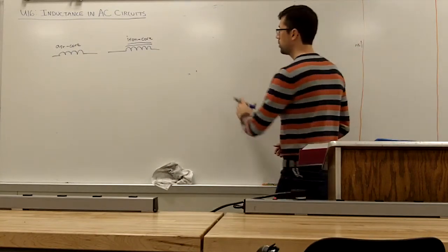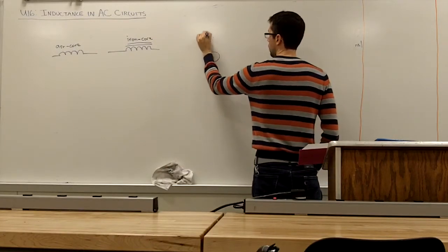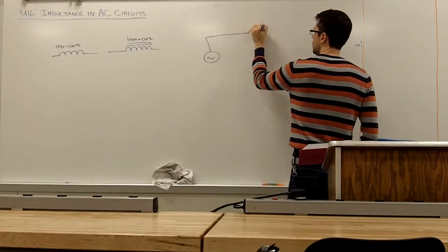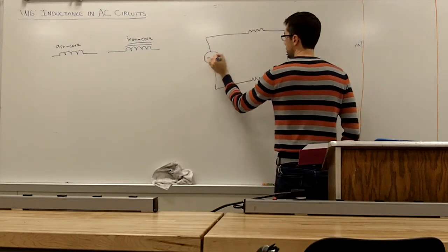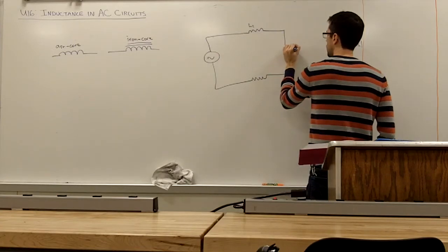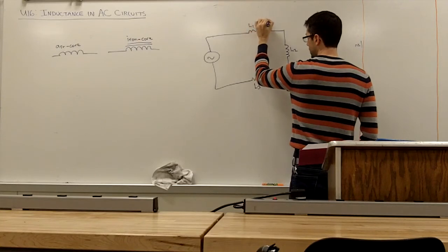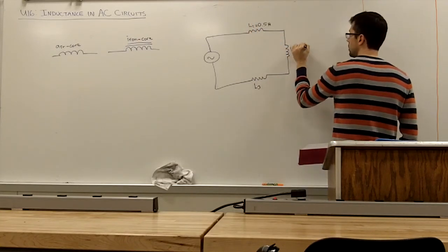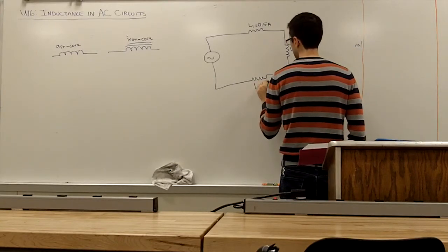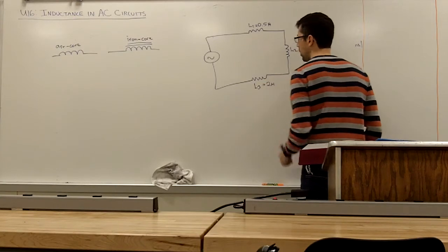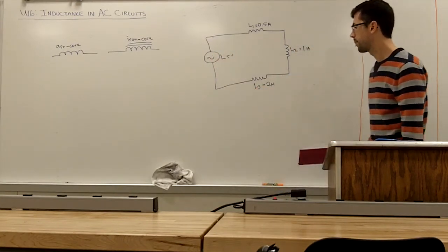And so now, what if we want to put multiple inductors in the circuit? So let's say I put 3 inductors in series, L1, L2 and L3. L1 is 0.5 henries, L2 is 1 henry, and L3 is 2 henries, and I want to know what is the total inductance of the circuit.